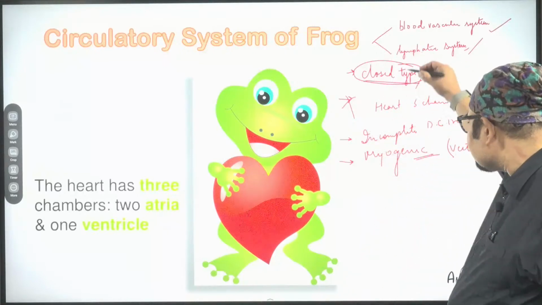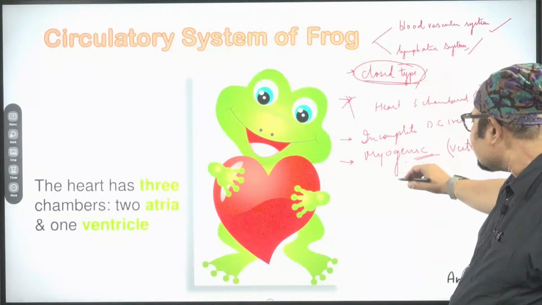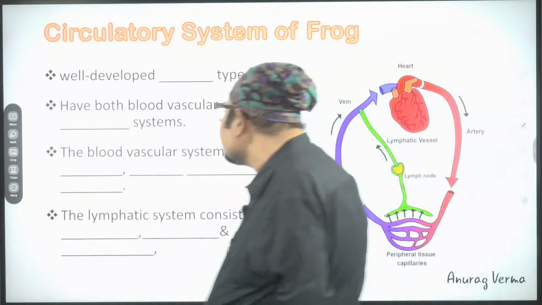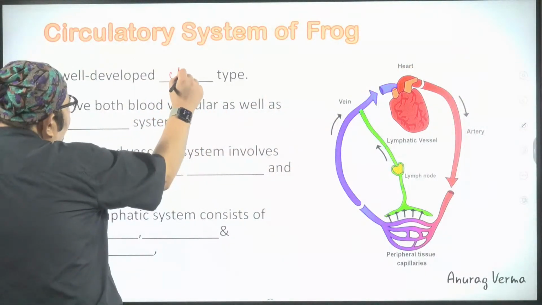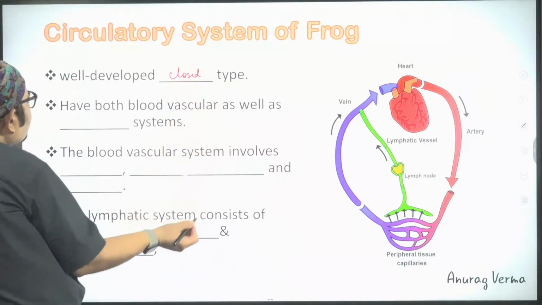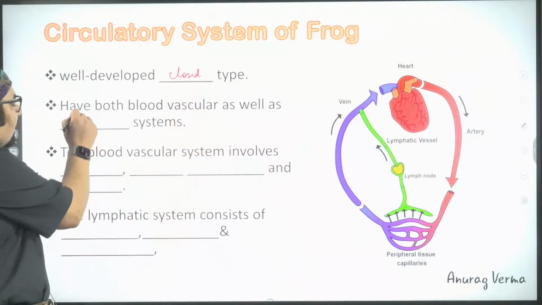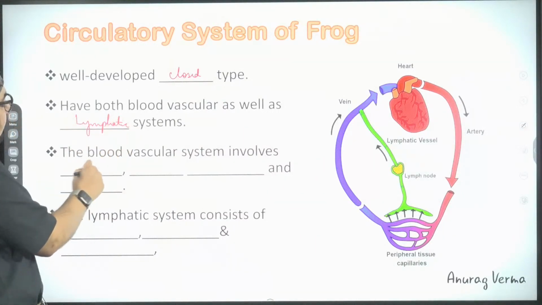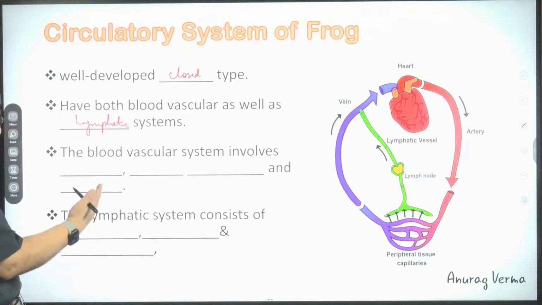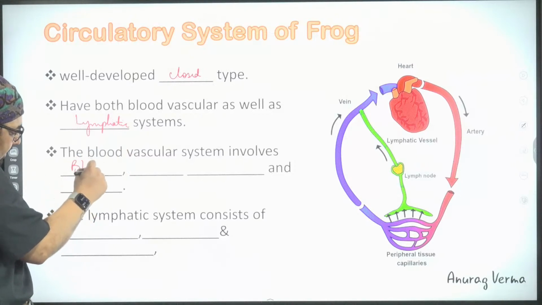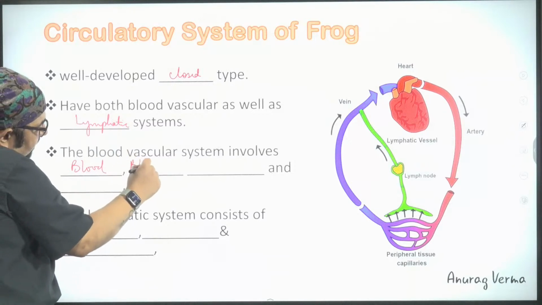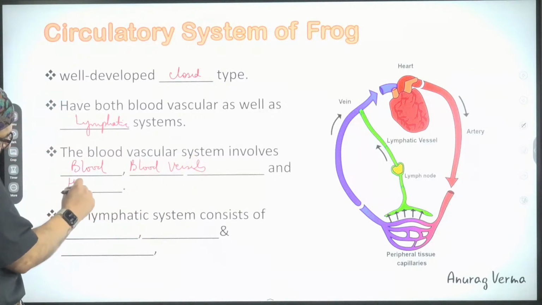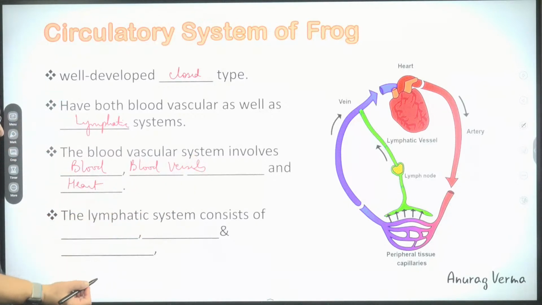So, keeping these special and general points in mind, let us now begin the circulatory system. It has a well developed closed type of circulatory system. Just now I have done that. It has both blood vascular as well as lymphatic systems. The blood vascular system comprises blood vessels and heart.